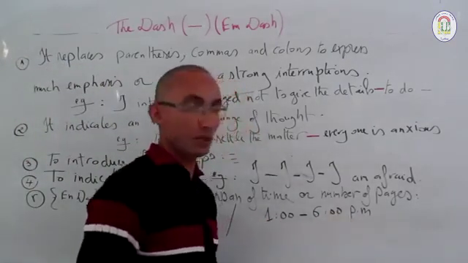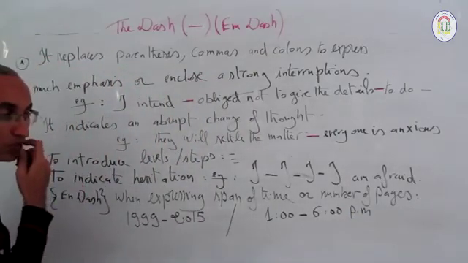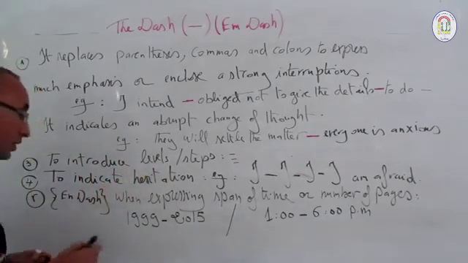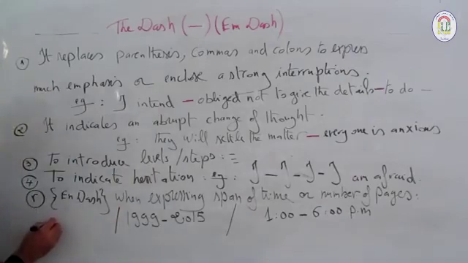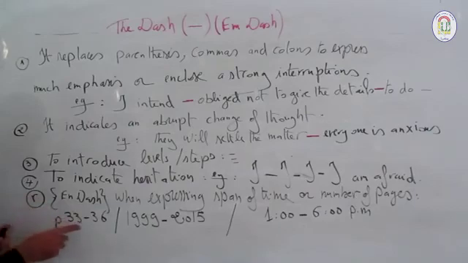Now for the case of pages, whenever we refer to more than one page, we use the dash. Example, we have pages from 33 till 36. Clear? Here we also use the N dash to indicate the range that this piece of writing covers in this reference.